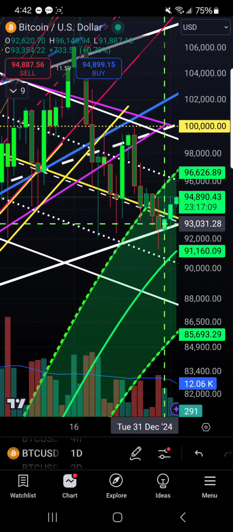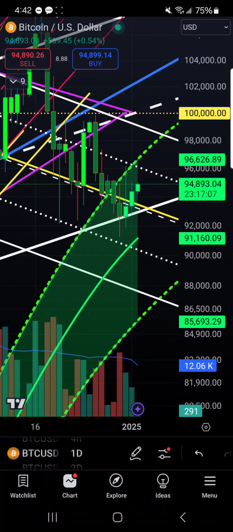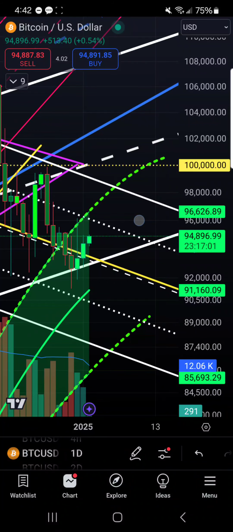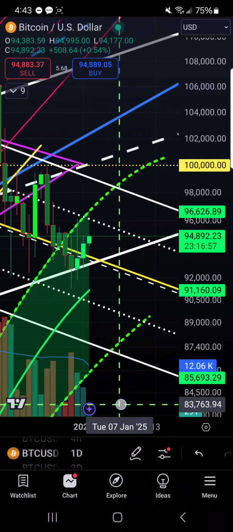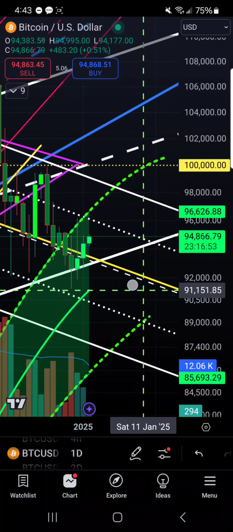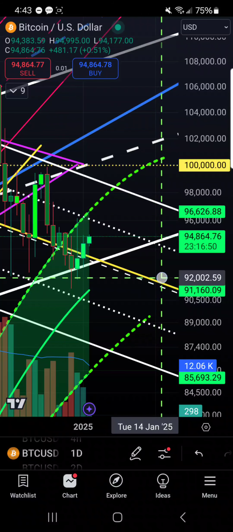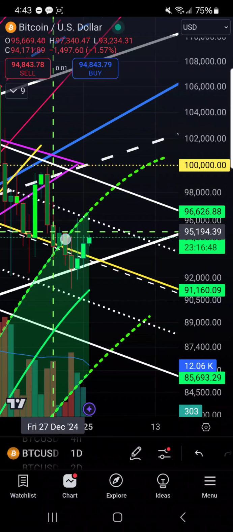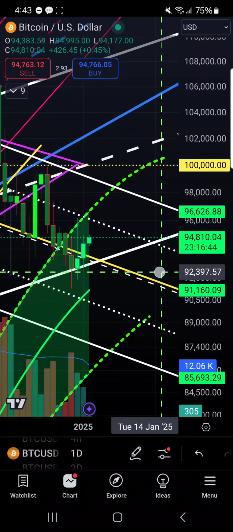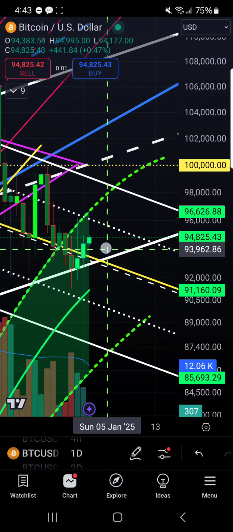So we already had the correction into it, and I do believe then we will bounce out of it, instead of falling right through it here. How we're going to interact with it, this part hasn't formed yet. Once it's happened, it's easier to see that we fell into the Gaussian channel, but we really didn't. We went sideways into it, into the bottom of it.